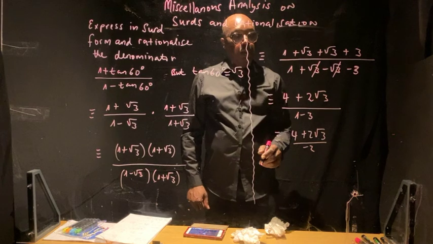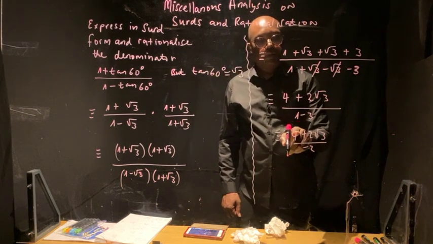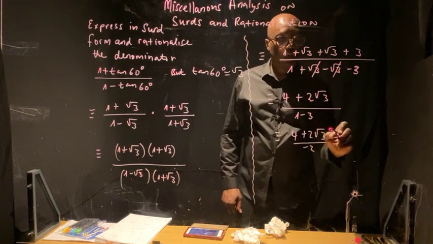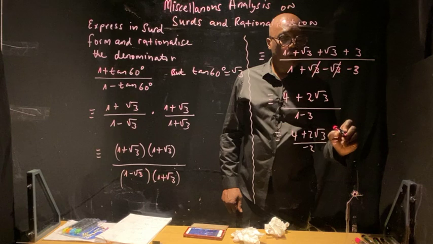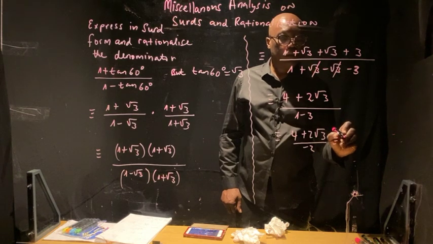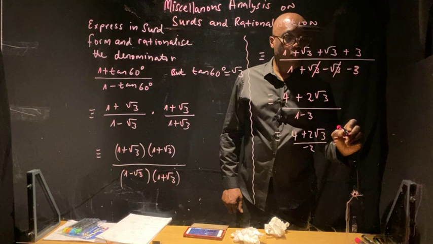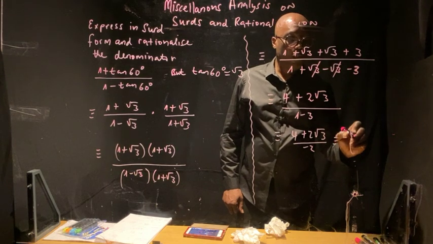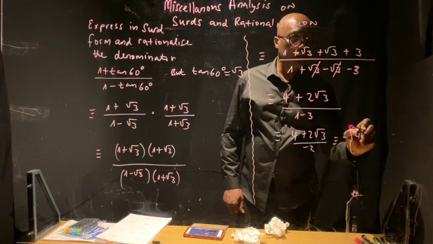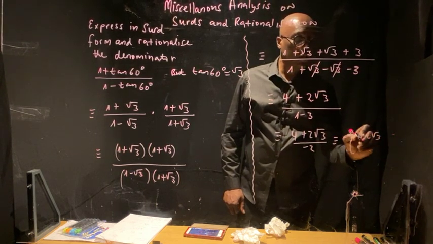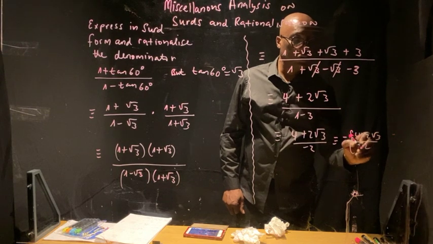The negative sign can affect this one, so it becomes minus 4 plus 2 root 3 over 2.